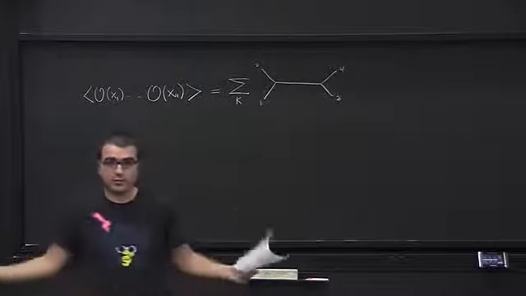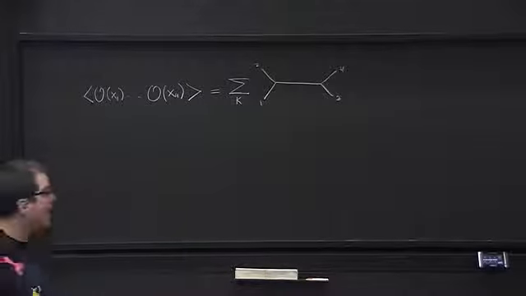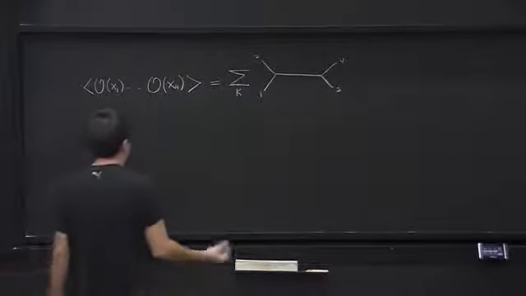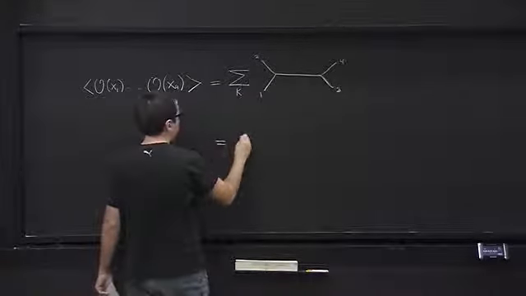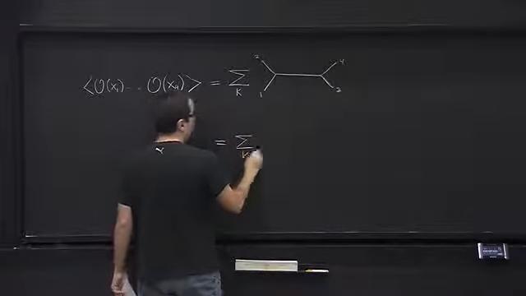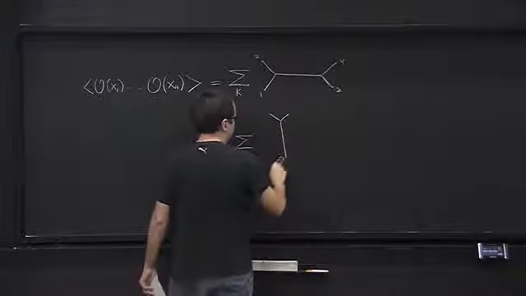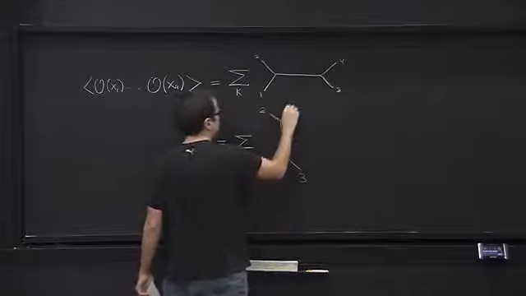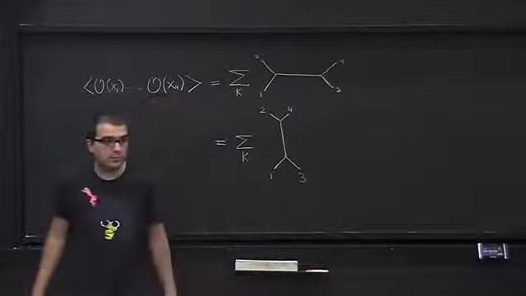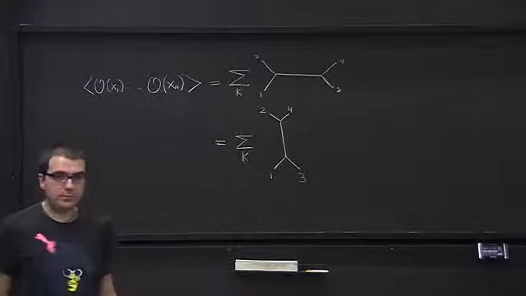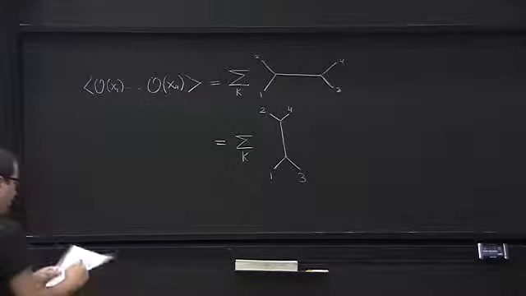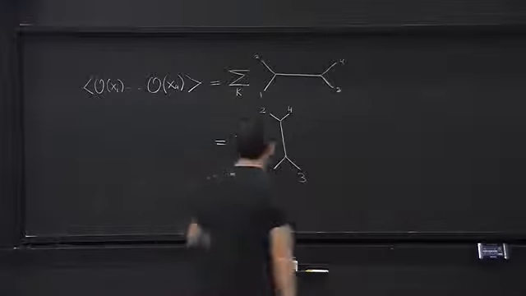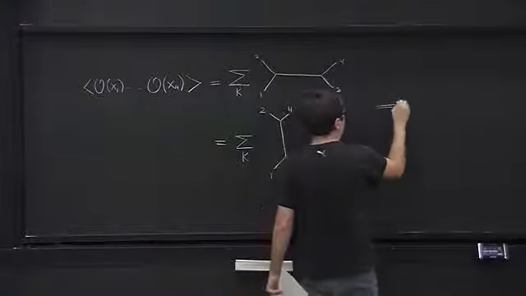And this is the full result of the 4-point function, right? Now, what we could have done is we could have chosen another channel. We could have chosen to sum over k and then do the OPE not for operator 1 and 2, but for operator 2 and 3. Right? And this ought to be the same. And this implies the following equation.